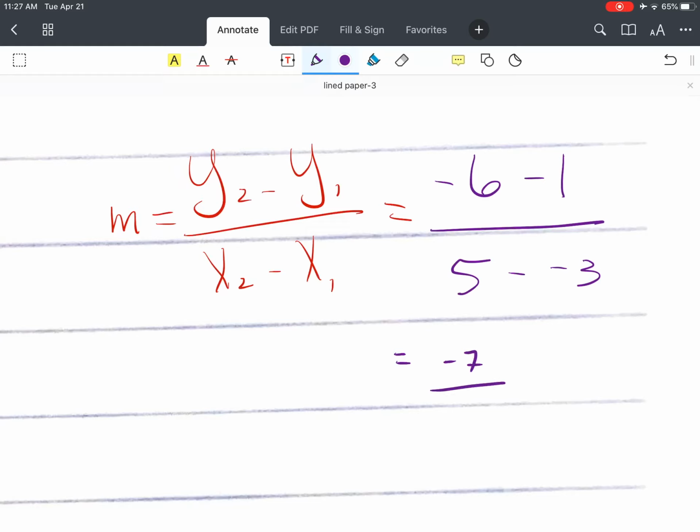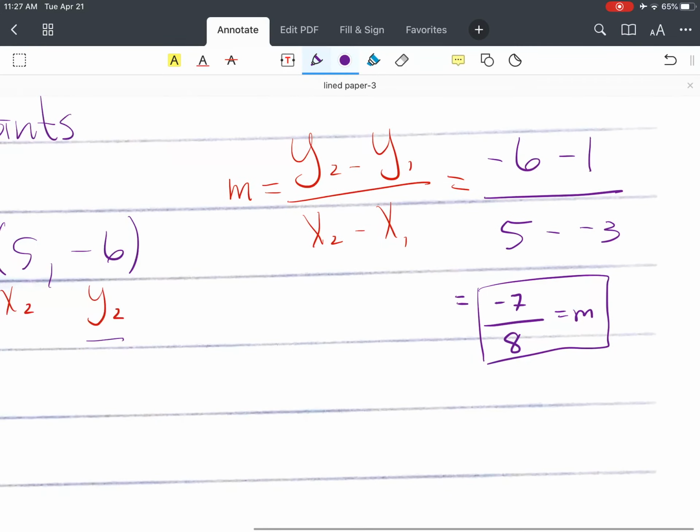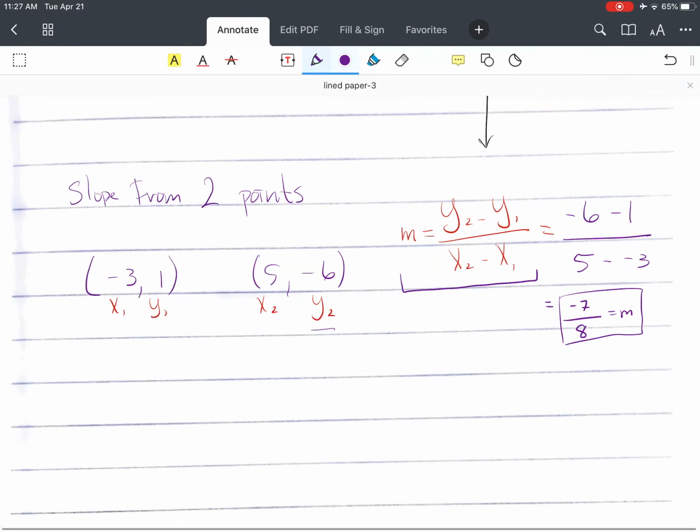Negative 6 minus 1 is negative 7. And then 5 minus a negative 3 is the same thing as 5 plus 3, so that's 8. And there you go. Your slope is negative 7 over 8. And that's from using this formula.